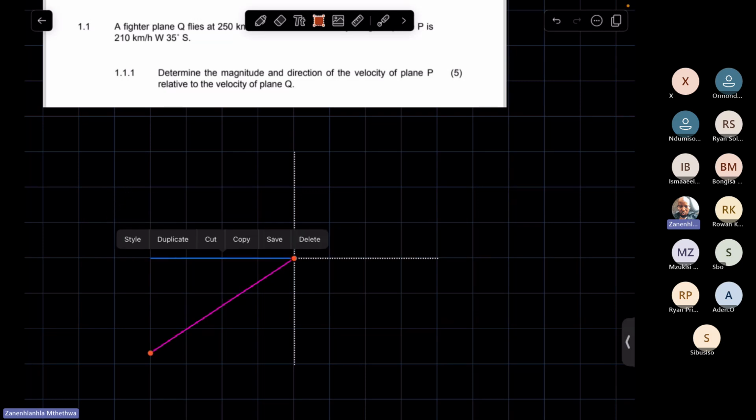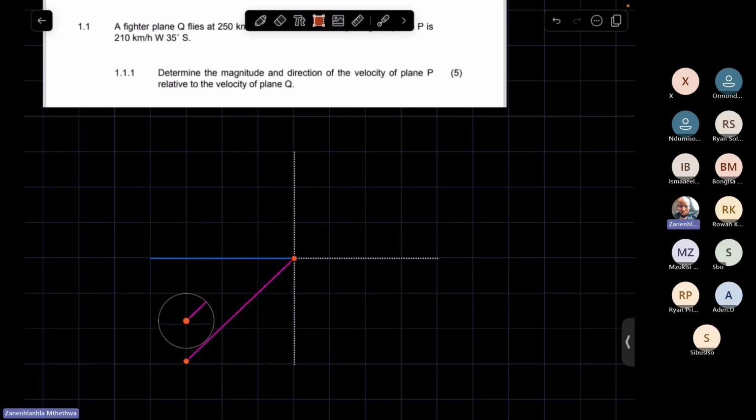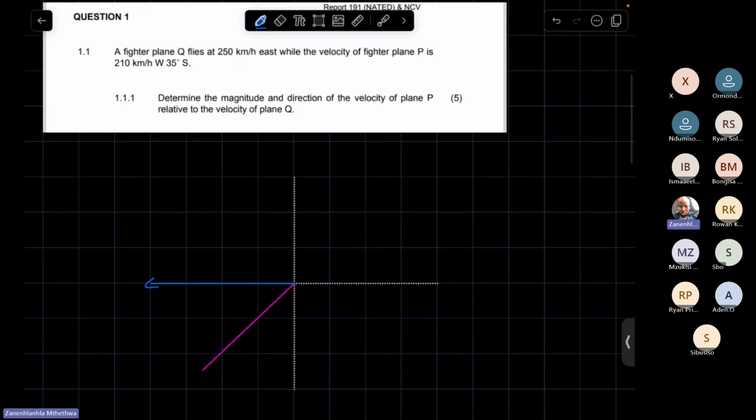And then this one, this is west 35. Maybe 210, say maybe there. Right, you can have it right there. So we have this going west. That's Q. Right, Q is 250. So Q is 250 kilometers per hour. And then P going in that direction.